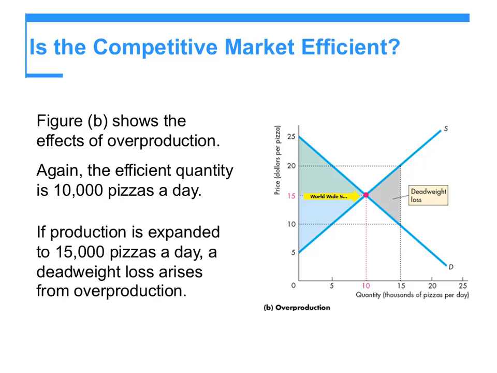So overproduction and underproduction, both of them can cause deadweight loss. Deadweight loss is not just for underproduction or just for overproduction. If you go beyond the number that you were supposed to produce, or less than that, you will have deadweight loss.